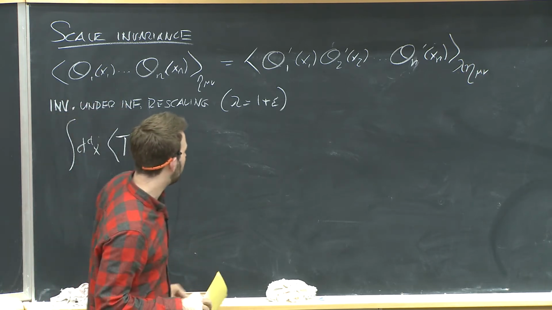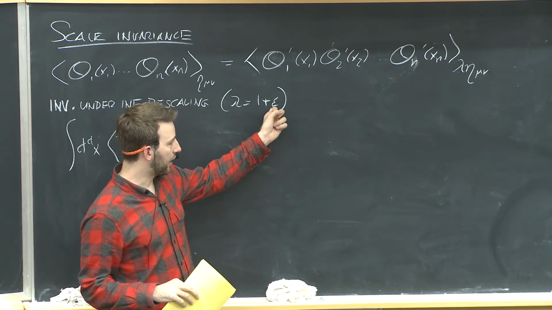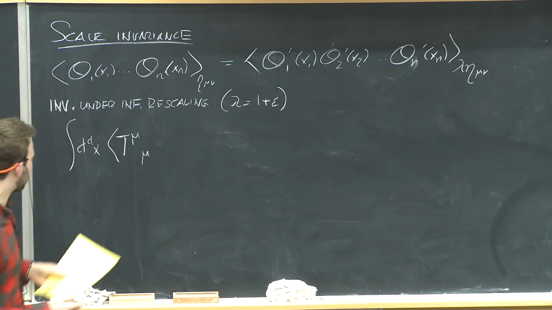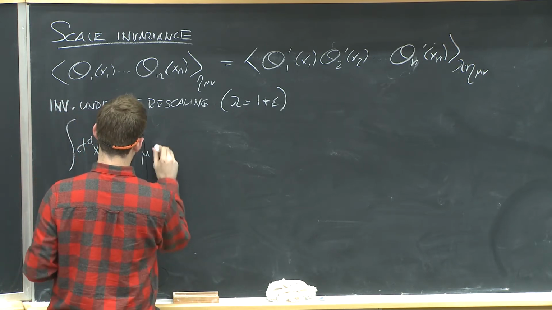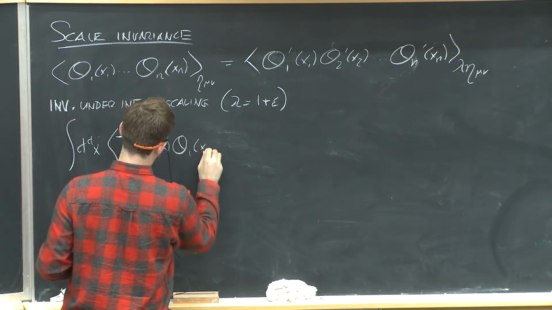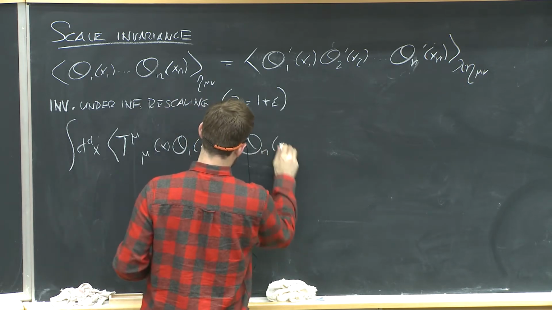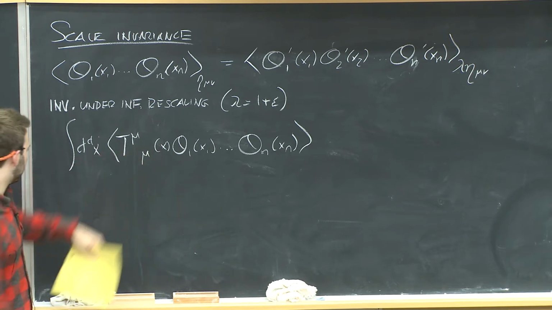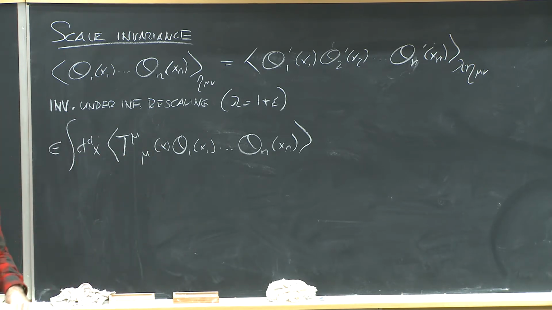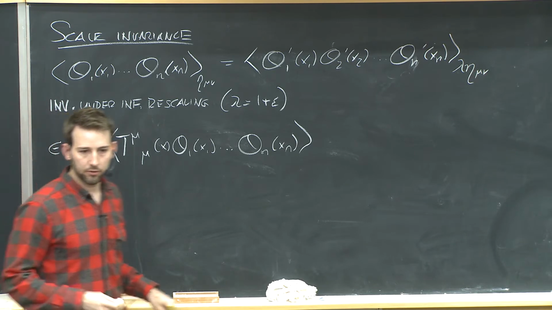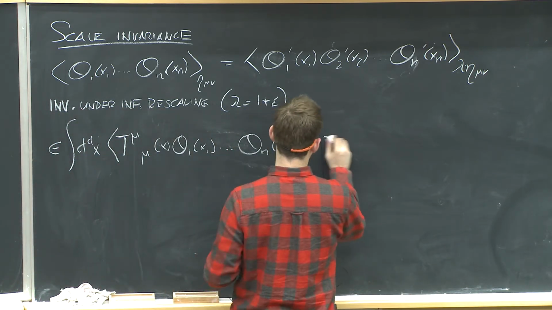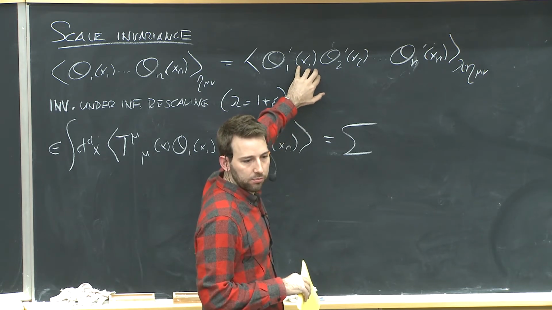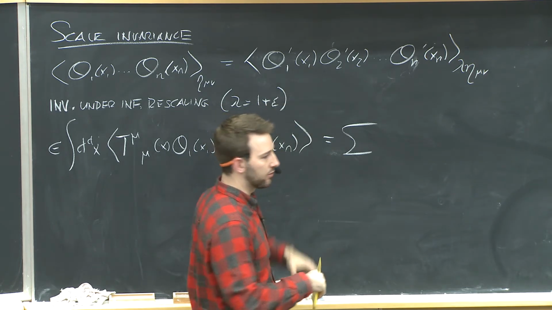And I'm inserting a variation of the metric that looks like a constant times the flat space metric. So that thing contracted with the stress tensor gives me the trace of the stress tensor. And this variation, so this with an epsilon up front, is the variation. This should be 0 except for the possibility of contact terms, which is related to this fact that these O's turned into O primes. So there's some infinitesimal transformation of the individual operators.